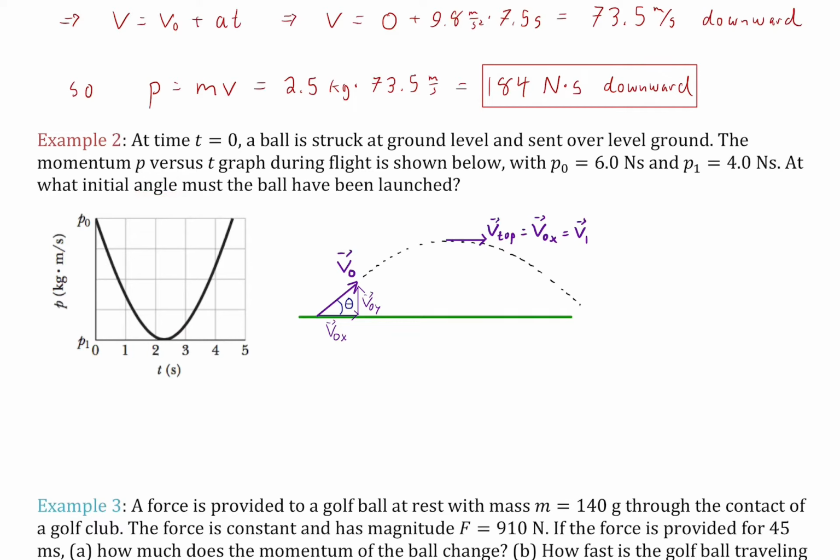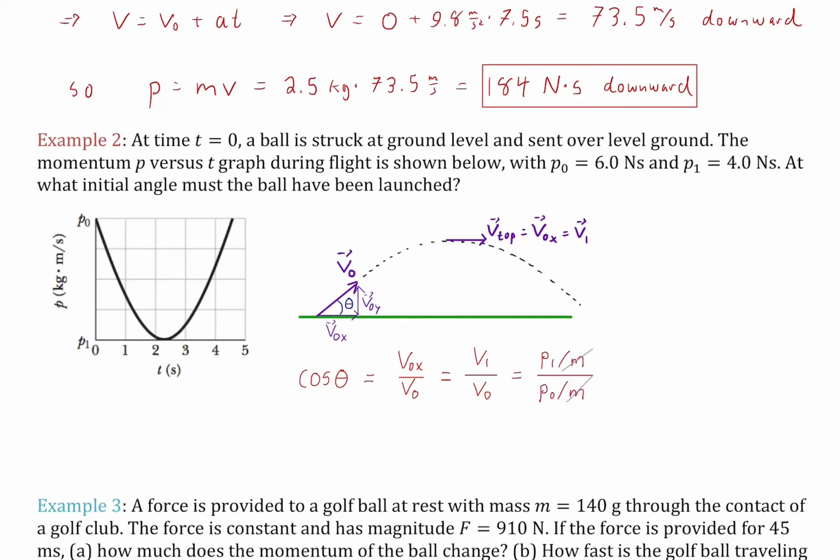So what do we know? Let's go right to our right triangle. Cosine theta is V naught x over V naught. And V naught x we know is V1. Notice I'm using that subscript 1, you'll see why, because it happens to correspond to P1. That's okay, because since there's no drag, the horizontal component of the velocity doesn't change.